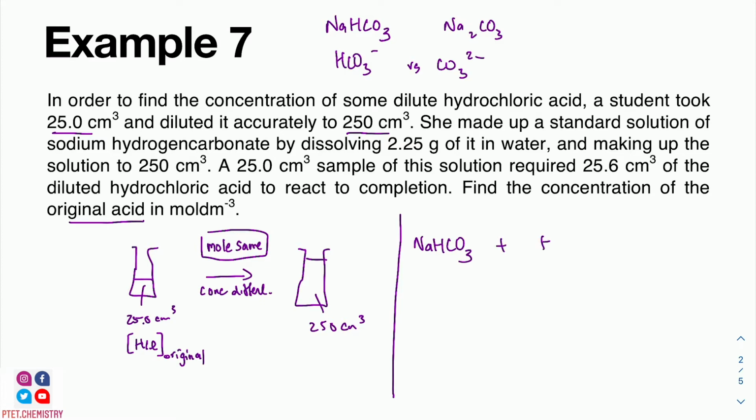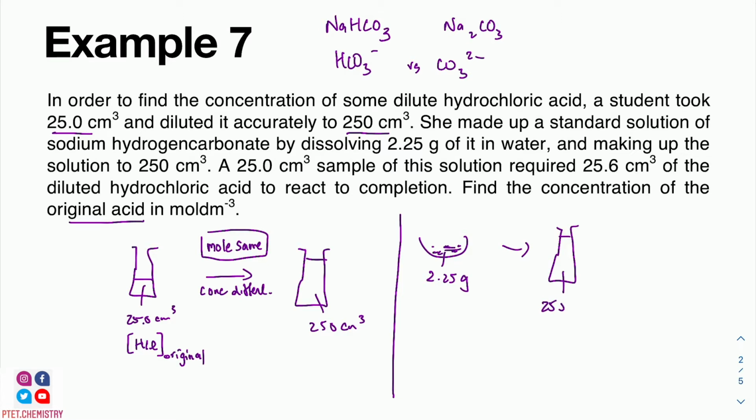Okay, so when you add up, that is not the reaction yet. We need to dissolve the sodium hydrogen carbonate. So that's 2.25 gram, and you put it in a beaker first before you transfer it to the volumetric flask.